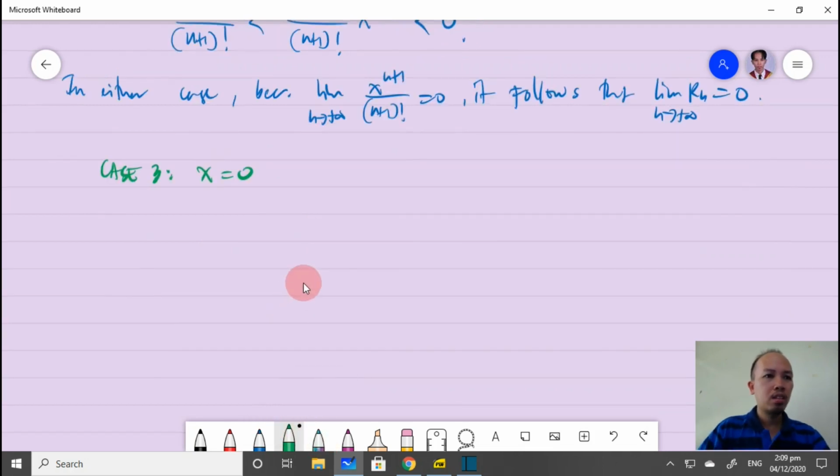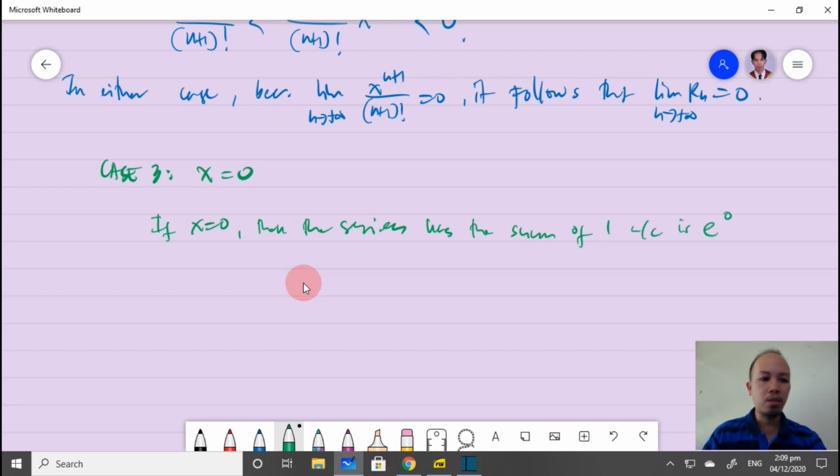If x is equal to 0, then the series has the sum of 1, which is e to the 0.